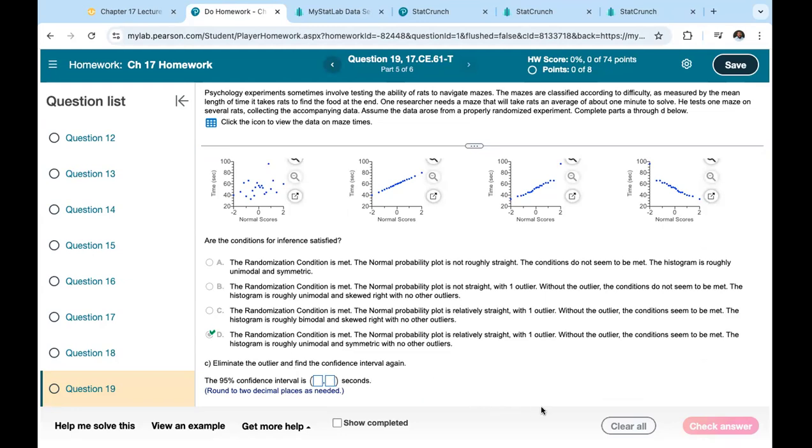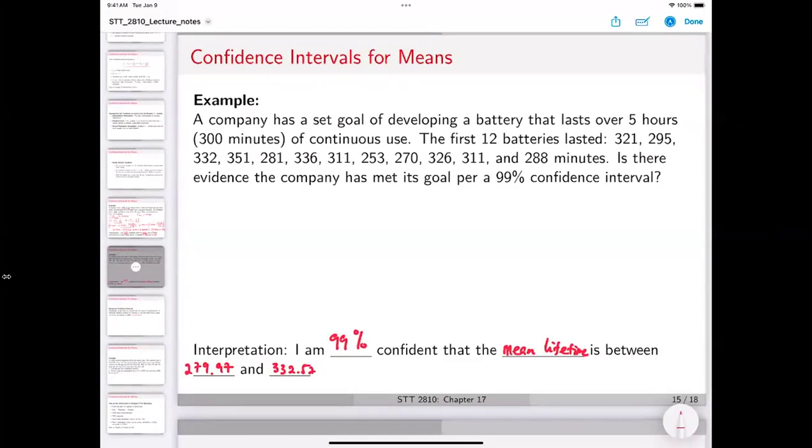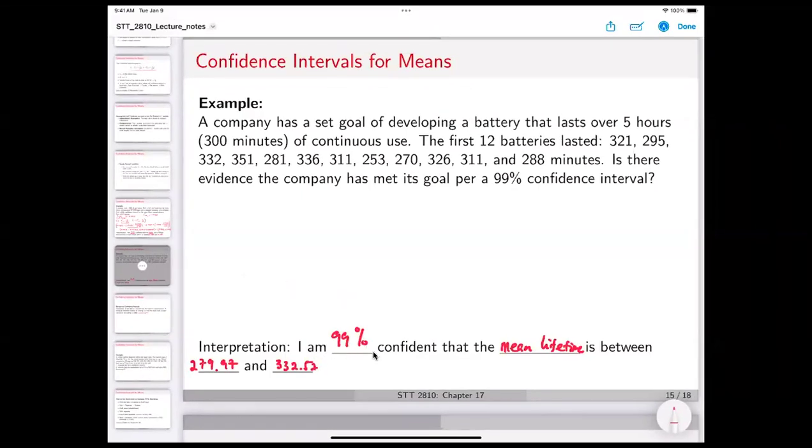So let's proceed then. This is the interpretation I wrote for the first one that we did.